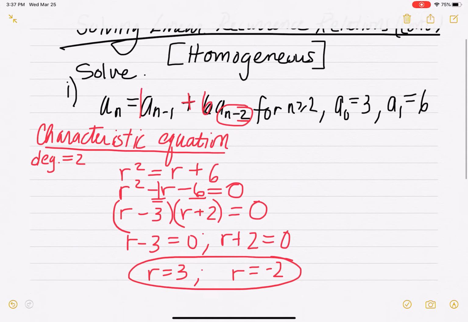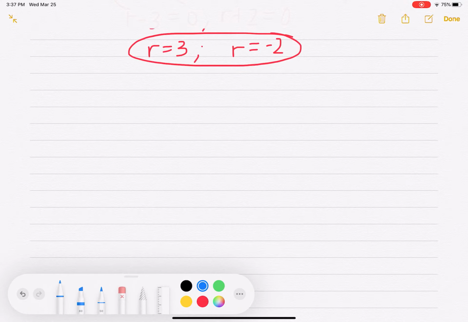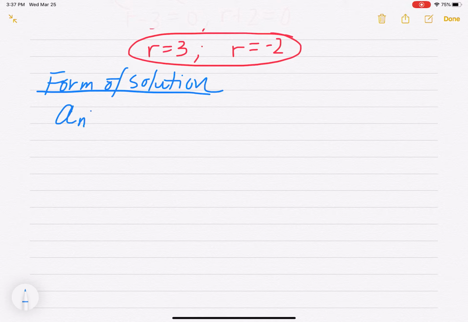So what we want to do next, we want to write down the form of our solution. Form of our solution, we'll go blue for that. It's going to look something like a sub n. This is the closed form of the sequence.